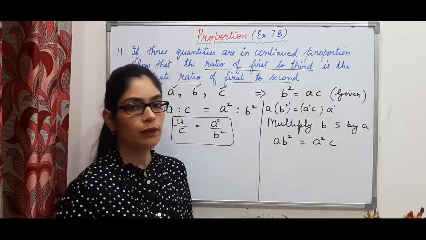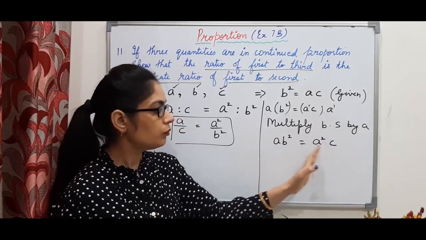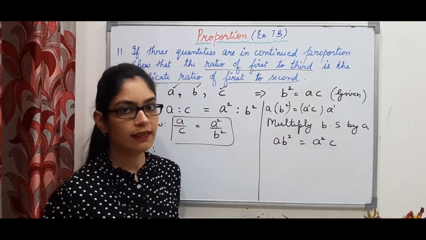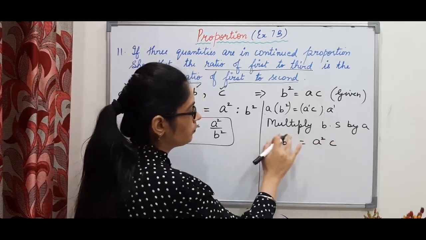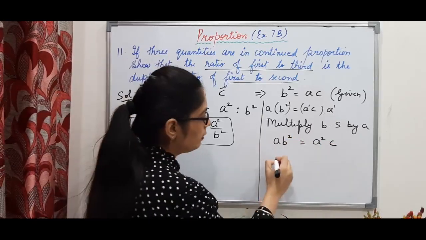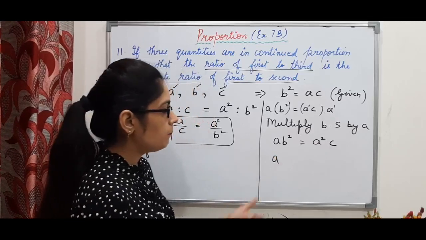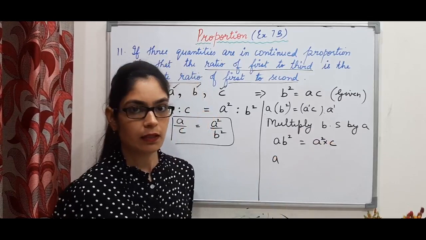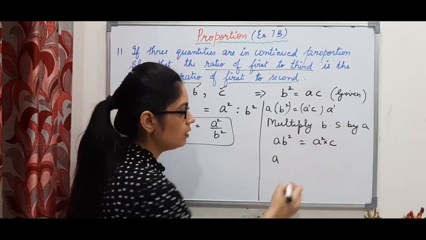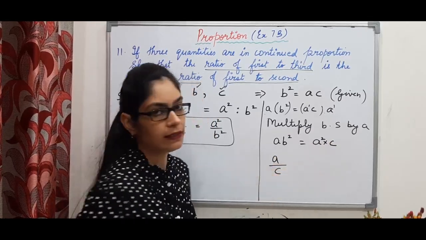Now let's write together the terms which are with square and the linear terms, whose degree is 1. So A I will write this side only. C I will shift to this side. See, C is getting multiplied with A square. If I change its side, it will get divided.